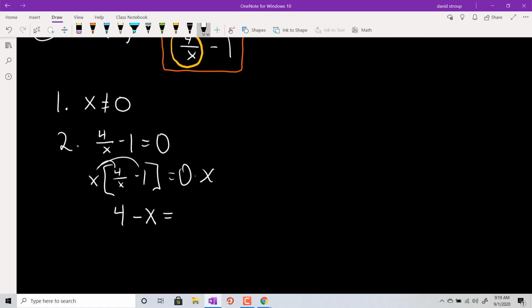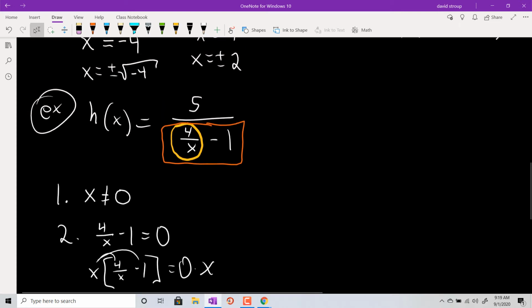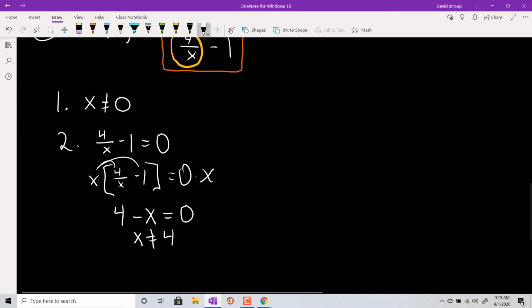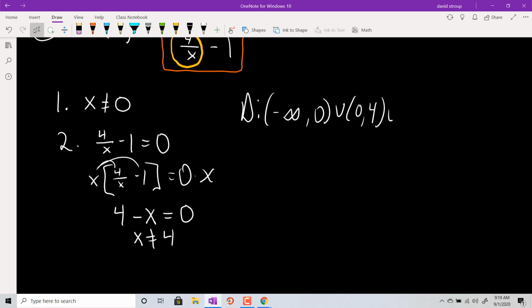And on the right-hand side, I have 0. Solving for x, I get x is 4. So I can't let x be 0, and I can't let x be 4. Again, if you need a number line, you could draw it out, but it's just going to end up being negative infinity to 0, union 0 to 4, union 4 to infinity.